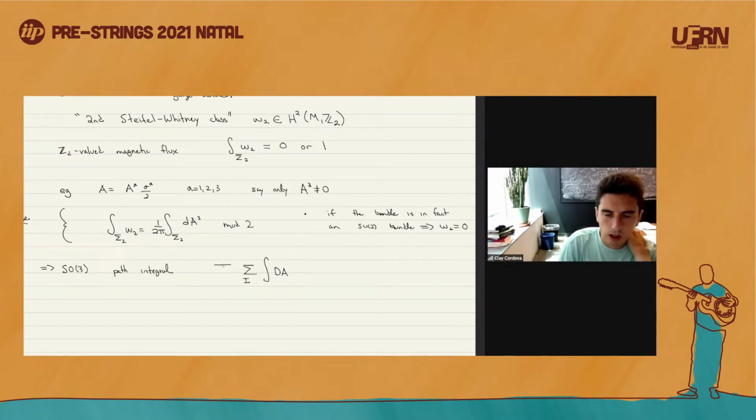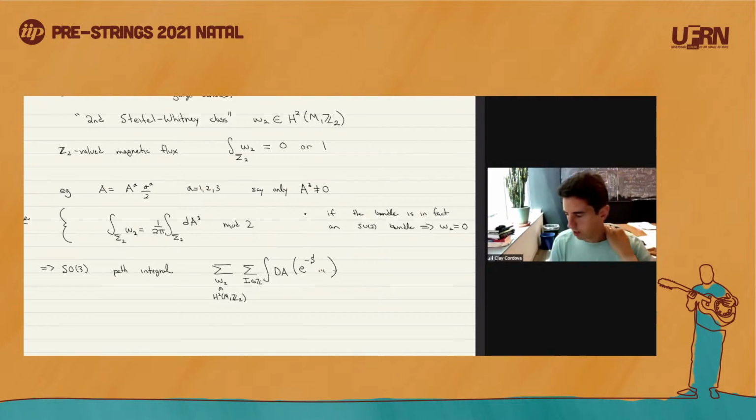And we also now have a sum over W2, where I remind you that W2 is in H2 of your spacetime manifold with coefficients in Z2. So I is an integer, but W2 is summed over this cohomology group, whatever it happens to be. And then, of course, we have e to the minus S and whatever insertions we have here. So notice the difference between the SU2 gauge theory and the SO3 gauge theory. In the SO3 theory, we have an additional sum to do, a sum over more bundles.